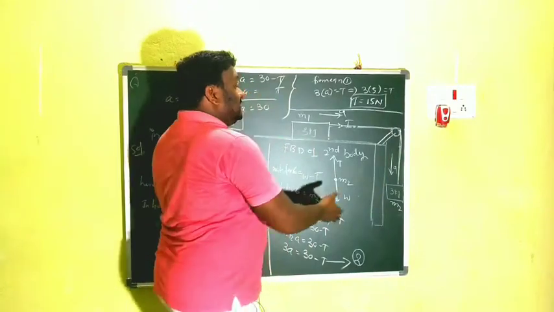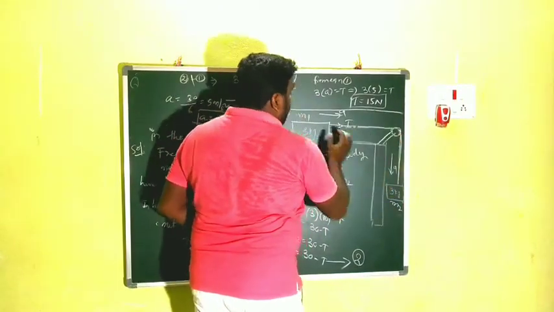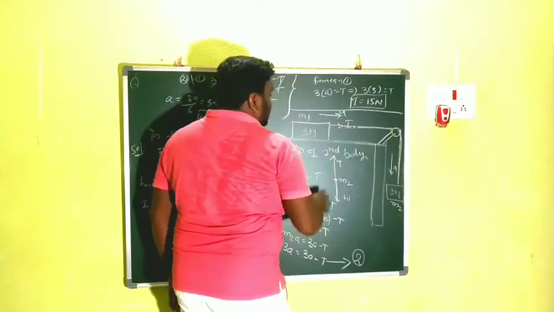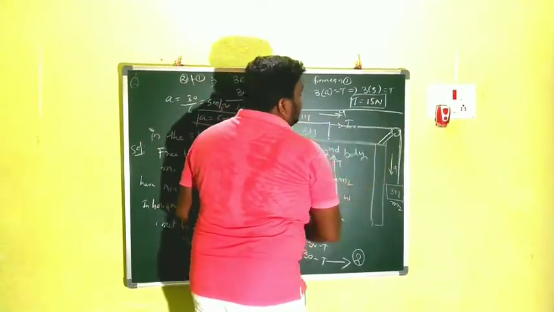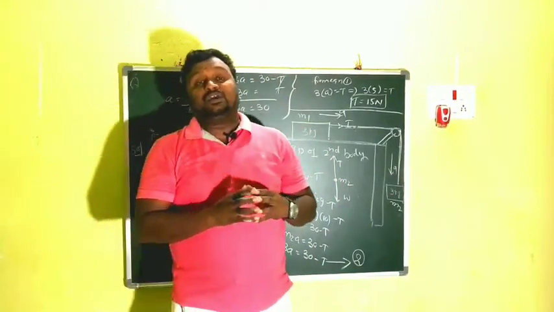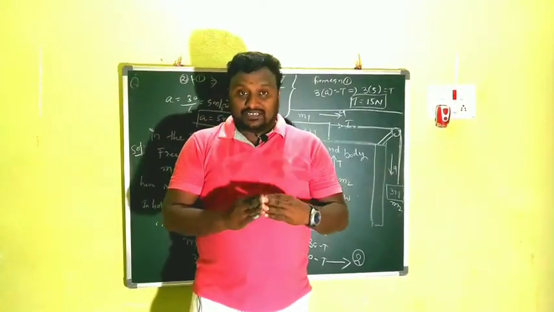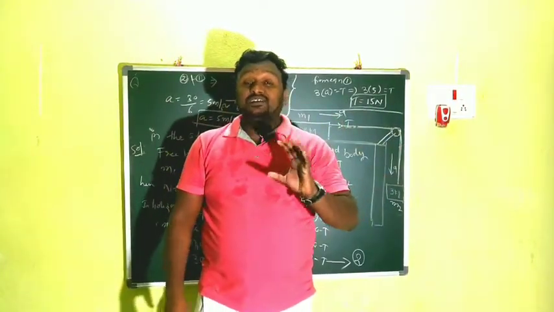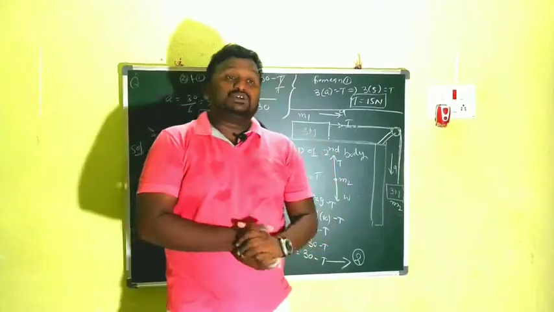Then you observe the second body comes down and the first body goes like this. M2 accelerates downwards and M1 accelerates in the horizontal direction. So for this situation we have to find the acceleration. In this case the value of g will be taken as 10 meter per second square. Clear, children?